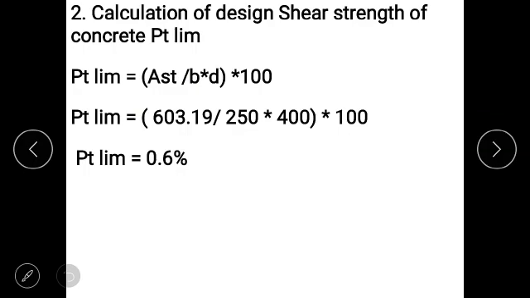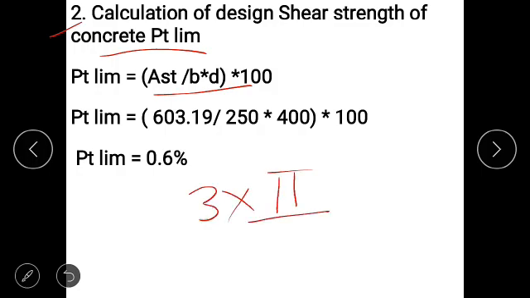Now the second step, calculation of design shear strength of concrete. PT limited, meaning percentage steel, we have to calculate here. How to calculate percentage? AST divided by BD into 100. AST we already found, 3 bars of 16 diameter, so 3 into pi by 4 into 16 square, so here we got 603.19.